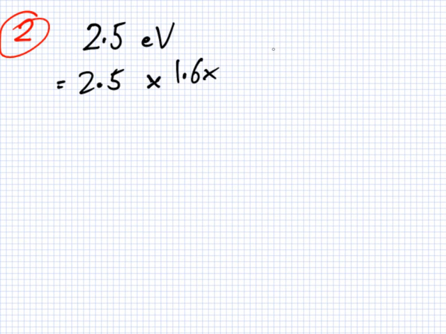So 2.5 electron volts equals 2.5 times 1.6 times 10 to the minus 19 joules, which is 4 times 10 to the minus 19 joules.